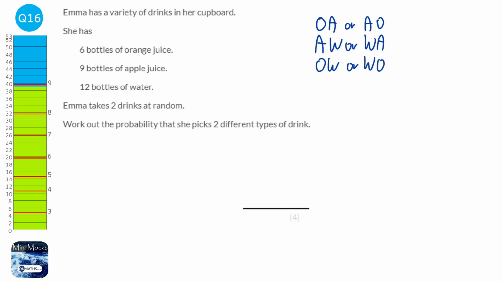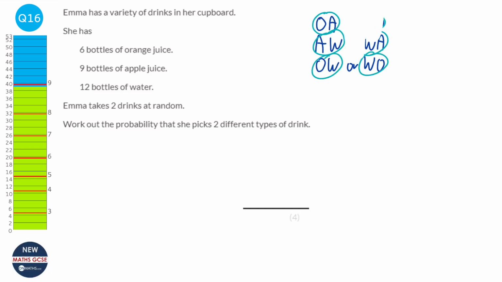Now what we notice really when we do this is that OA gives us the same probability as AO, same with AW and WA, same with OW and WO. So we're going to just ignore the right hand side ones, and we're just going to focus on the left hand side ones.